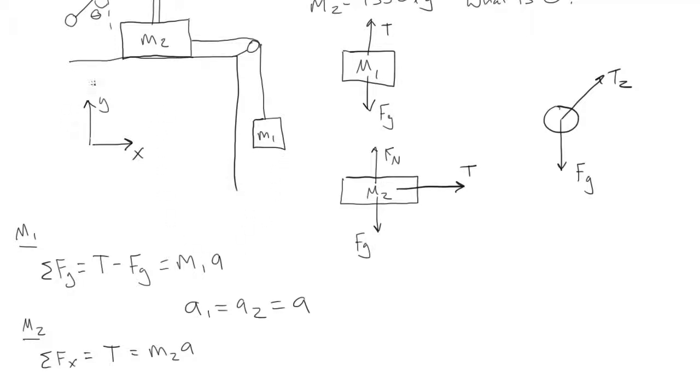And I said that up is positive, so I need to make sure that I have a negative sign there. If I don't do that, I will get the magnitude of the acceleration wrong. Mass 2 is going to accelerate to the right. That's the positive direction, so I'm safe here. Does everybody get that step?